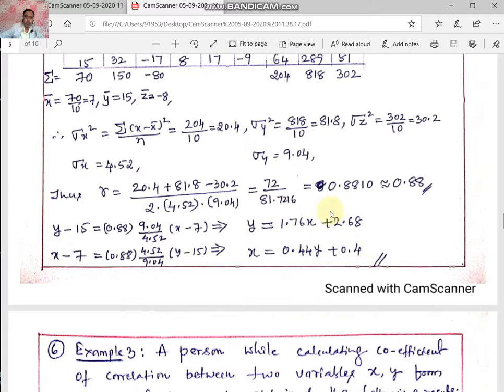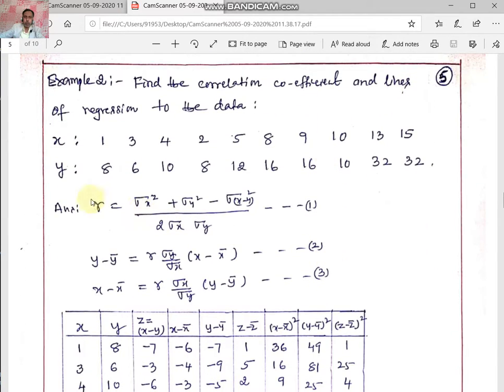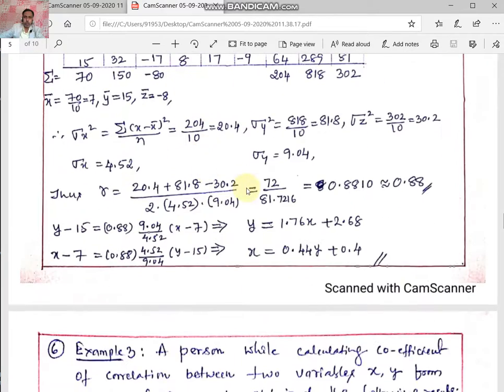So these two equations represent the line of regression of y on x, and the line of regression of x on y. This r value, 0.88, is the correlation coefficient for the given data. The given data was x values and y values, and we obtained the corresponding correlation and also the lines of regression for the given data.